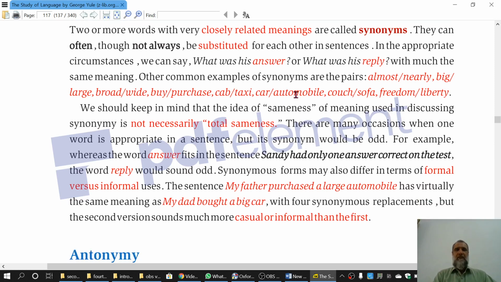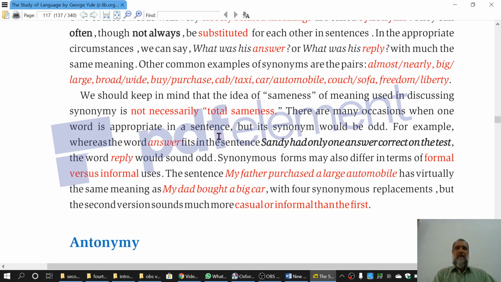Sometimes this synonymy or the sameness of meaning is not perfect, or we can say there isn't a total sameness of meaning, and it is not necessary that two synonyms will have total sameness. Sometimes they are not the same totally, but of course they have to some extent the sameness of meaning.